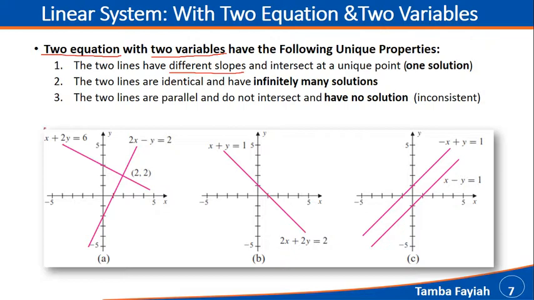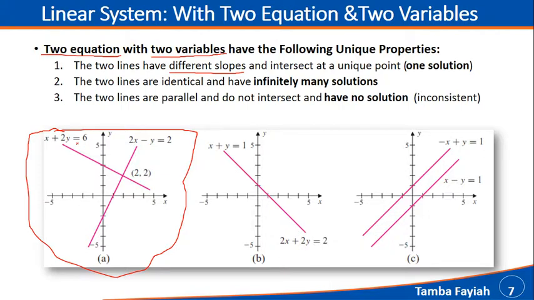An example is this particular system here. It has two equations, right? And those two equations have two different slopes.